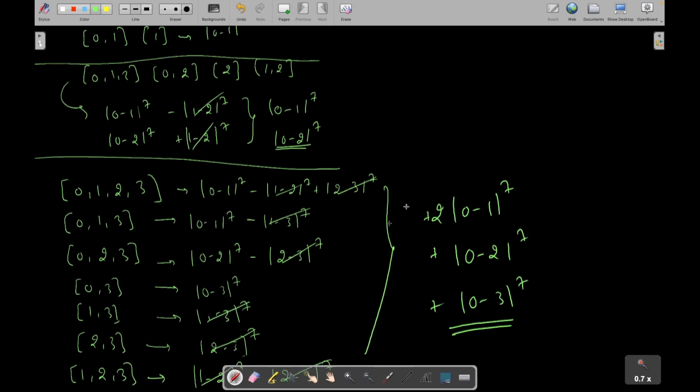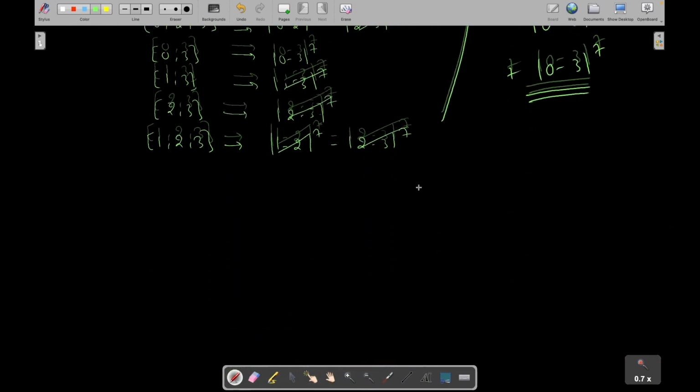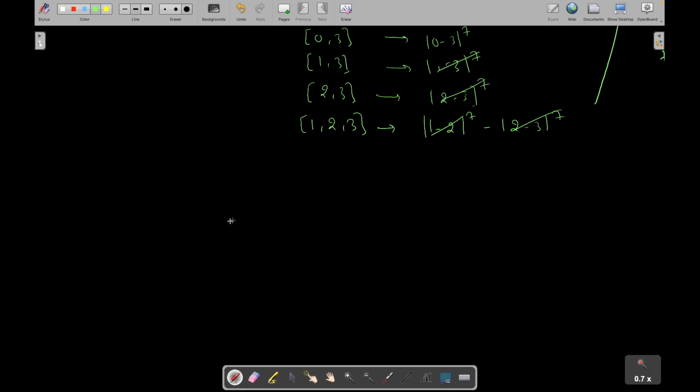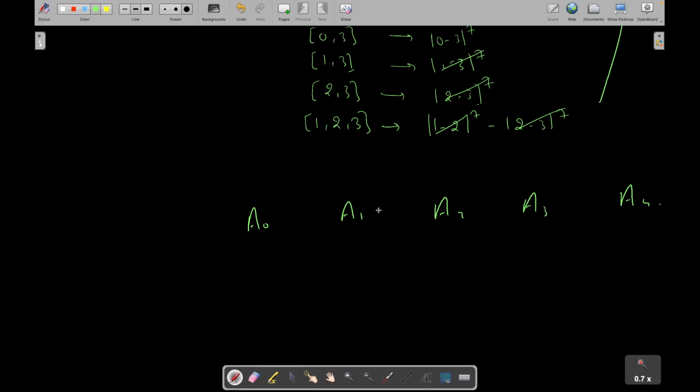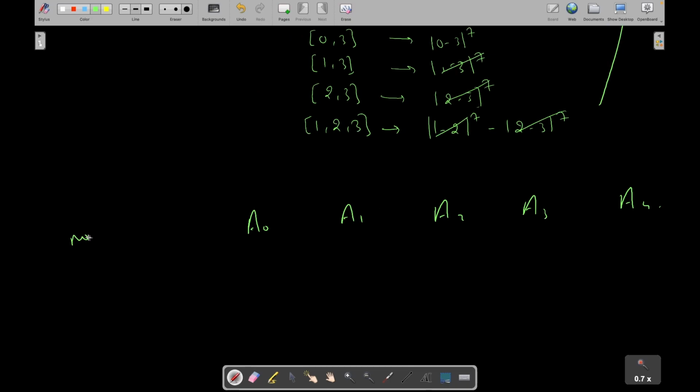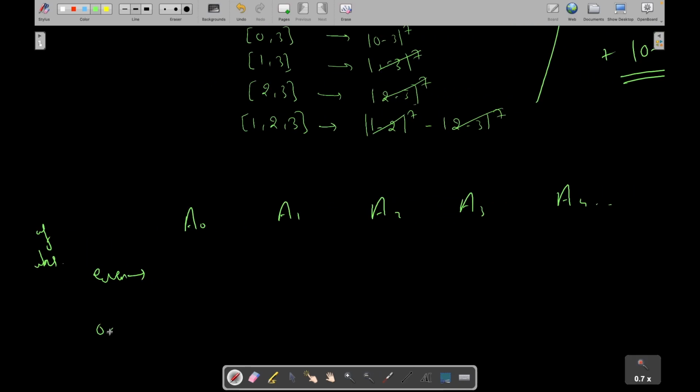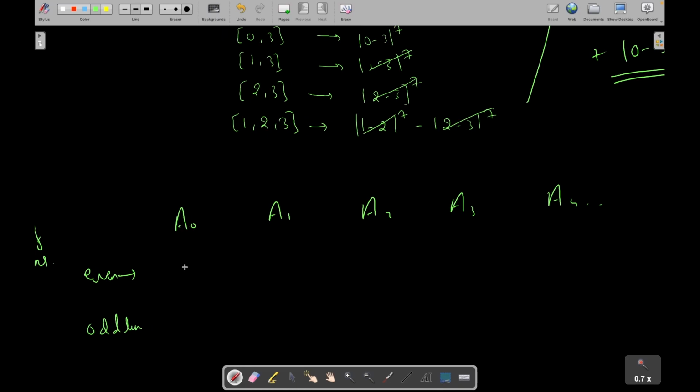And this goes on. I can say that if my elements are a0, a1, a2, a3, a4 and so on, and I count the number of subsequences with even length and odd length, then for a0 it will be none.